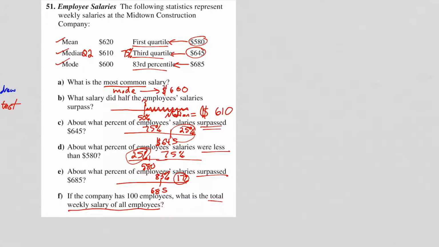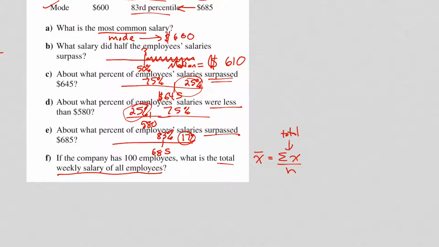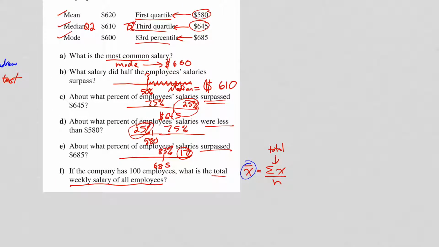And the last question is, if the company has 100 employees, what is the total weekly salary of all employees? So the total has to do with this equation. Okay, where this right here is the total. So it's basically saying we need X bar, or the mean, which is 620 up there.